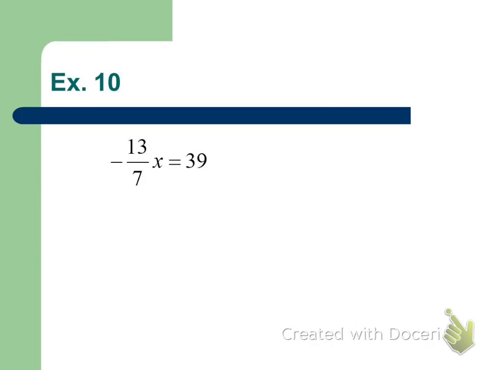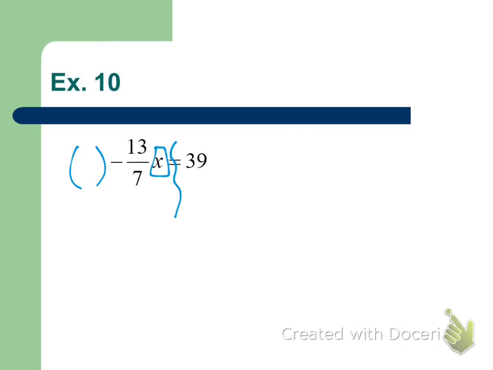I'm going to box in my variable, split up my equation. I see that I have a fraction attached to my variable. Jakeem, what do you think I need to do next? What is it?